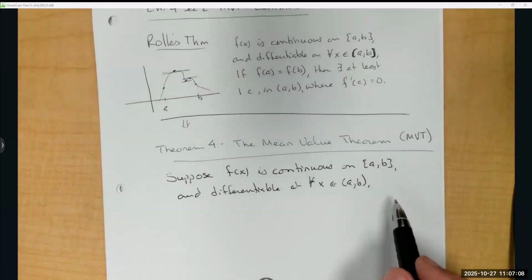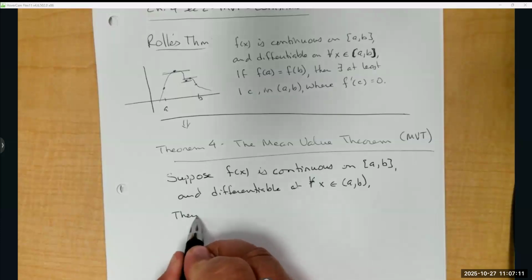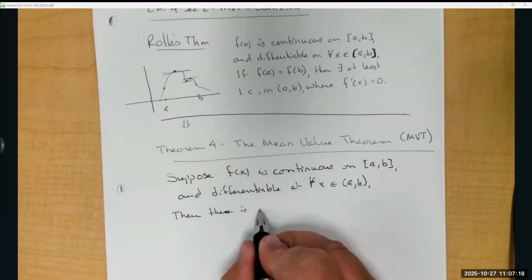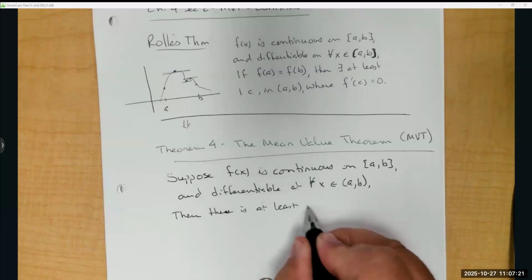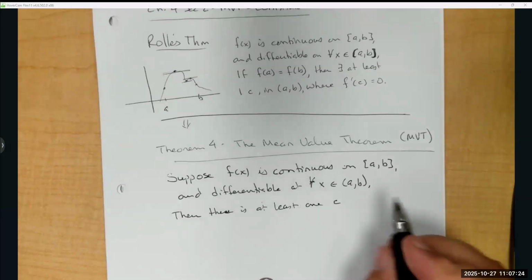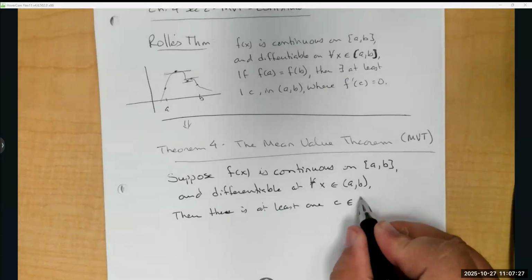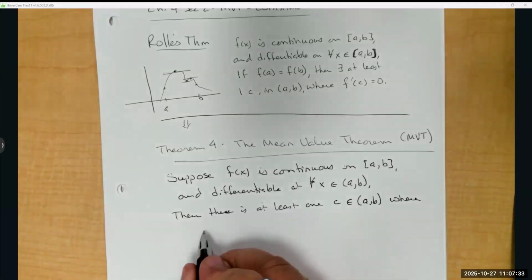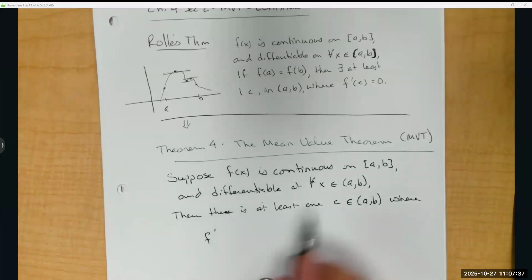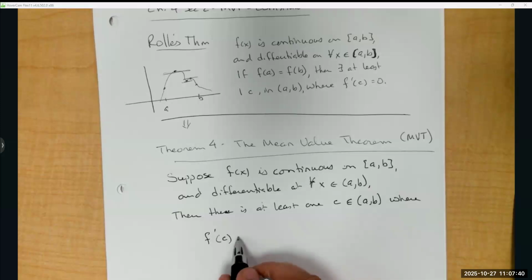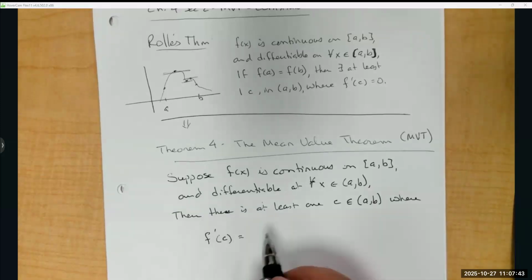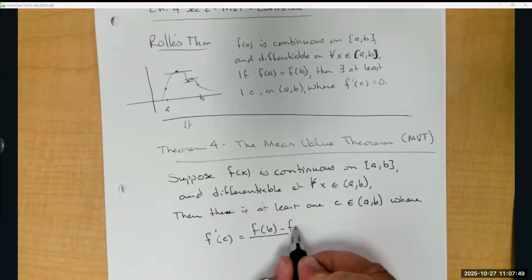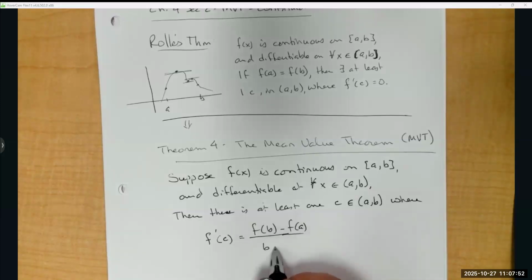If all this is true, then there is at least one value c in the open interval ab where, remember, it says it's differentiable, the derivative equals the slope of the function at 2 points.